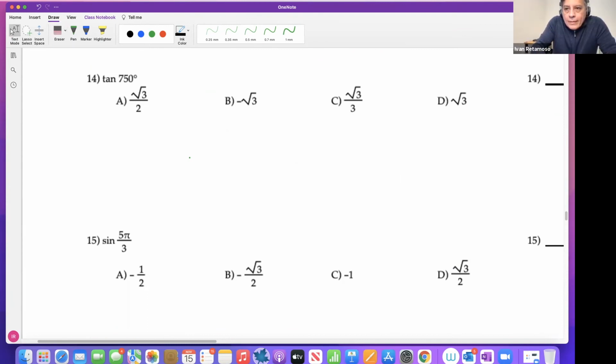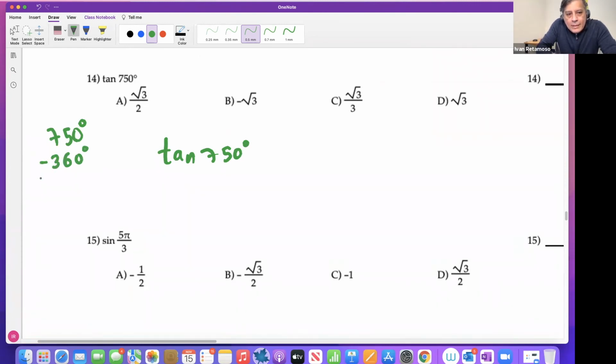Okay, suppose they ask you to figure out tangent of 750 degrees. How do you do this? The angle is huge, Professor. Remember, when the angle is bigger than 360 degrees, feel free to subtract 360 degrees as many times as you need.